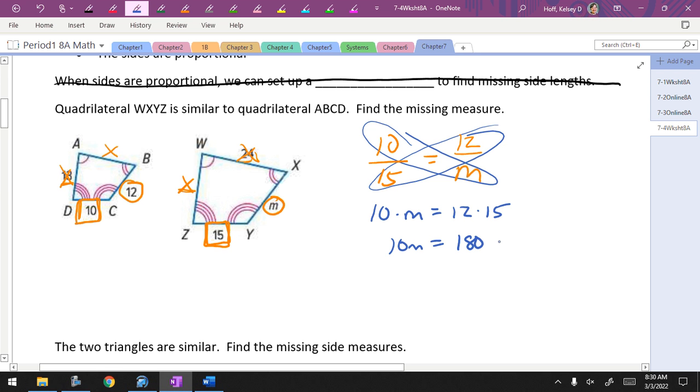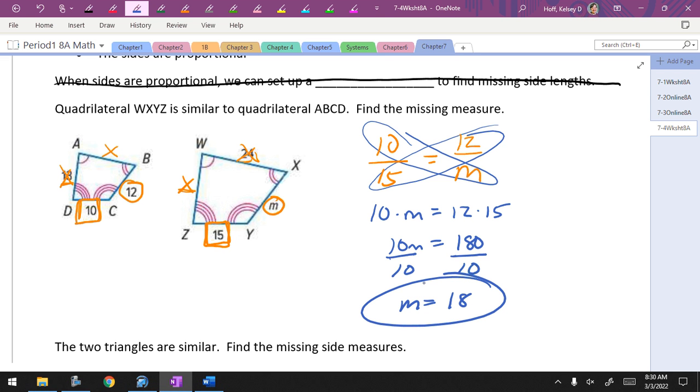Then what do we do? Divide it by 10 on both sides. M equals 18. Make sure you don't shortcut this. I did this with my other classes yesterday, and when people were taking shortcuts showing their work, they were getting things wrong.